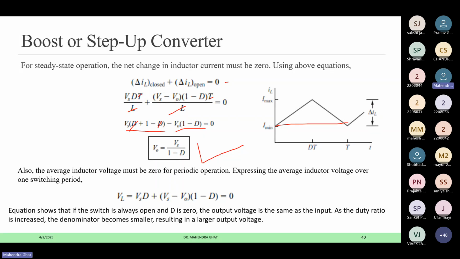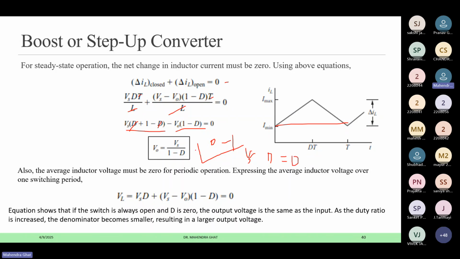Now, again, D varies between 0 and 1. So if I put the value of D equal to 0, 1 minus 0 is 1. So Vs by 1, so output voltage is equal to Vs when D is equal to 0.